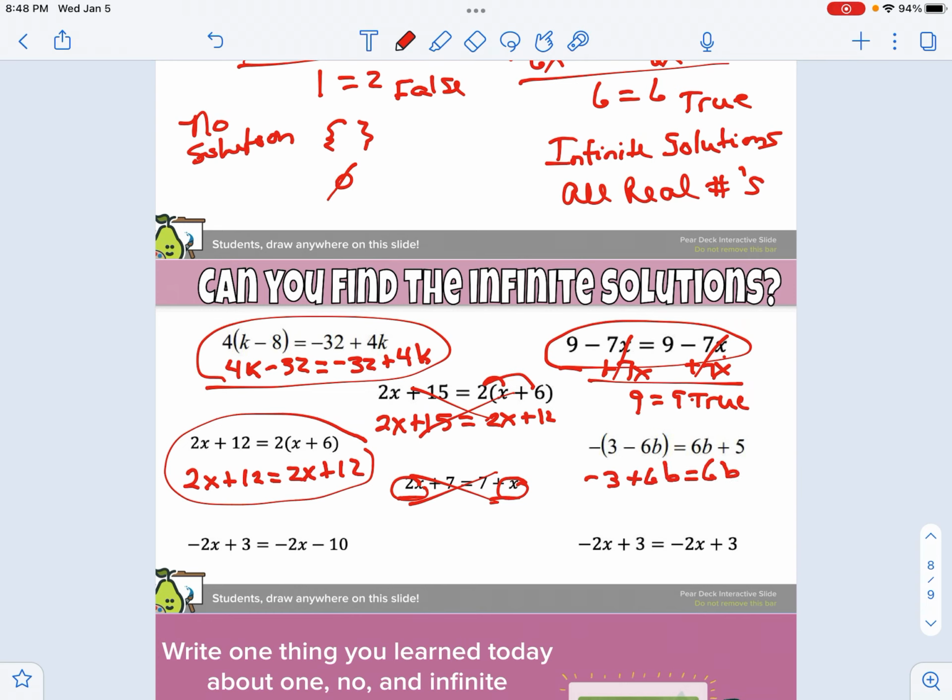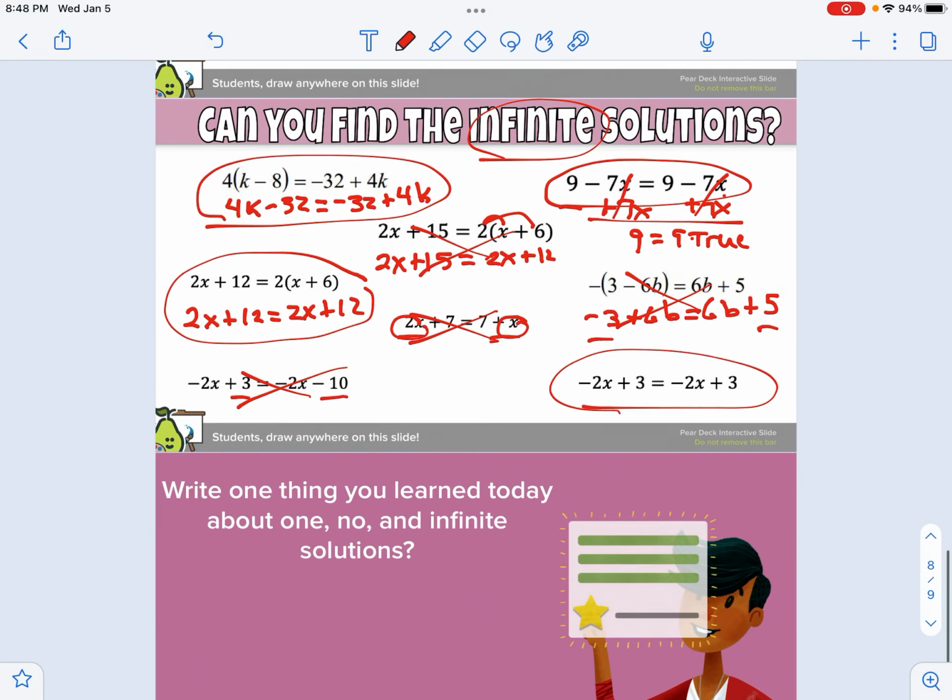And all I'm asked to do is find out if they're equivalent, because I want an infinite solution. These expressions are not the same, so that will not be. This will not be. They're not equivalent. And yes, that will be an infinite solution because they're identical solutions.